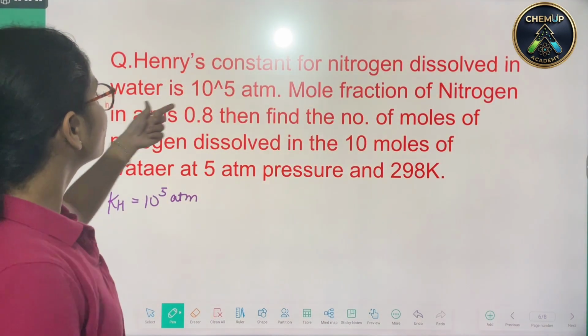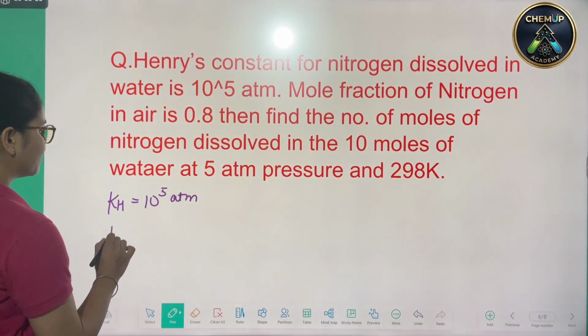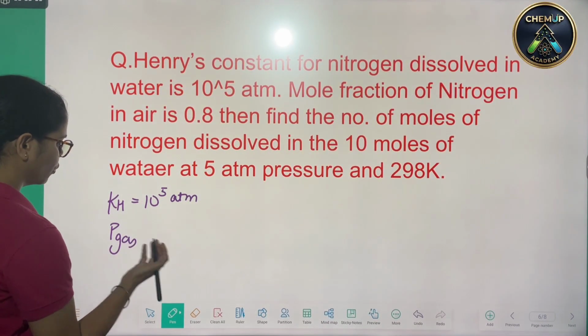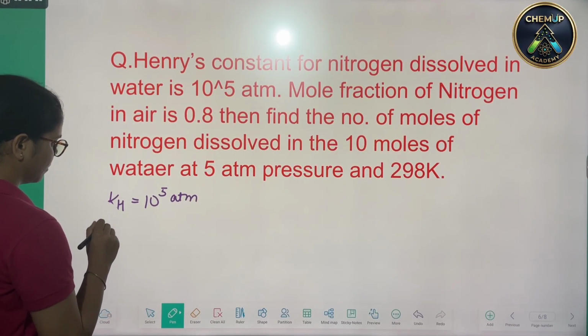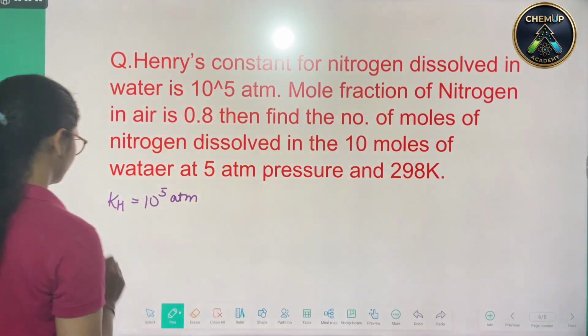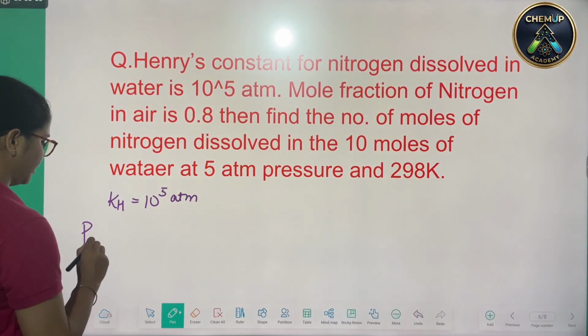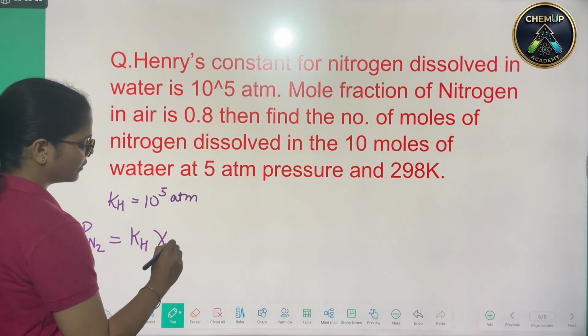Now, the mole fraction of nitrogen is given, and we need to find the number of moles of nitrogen. Let's apply this. P N2 will give me KH times the mole fraction of N2.